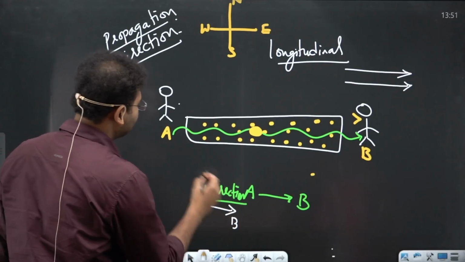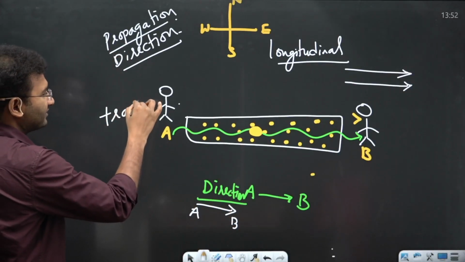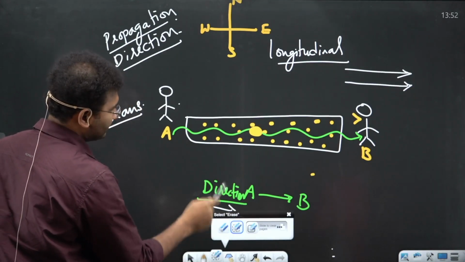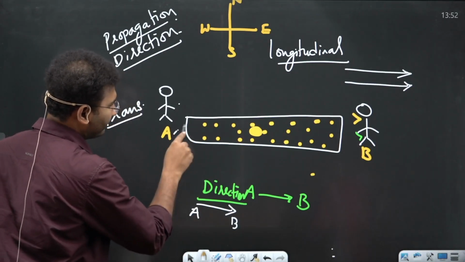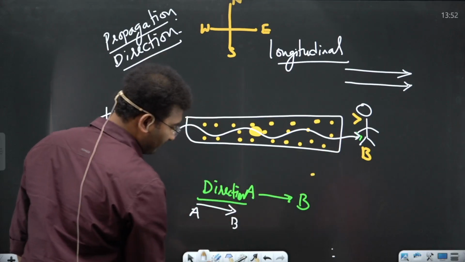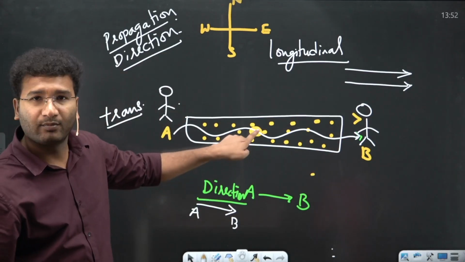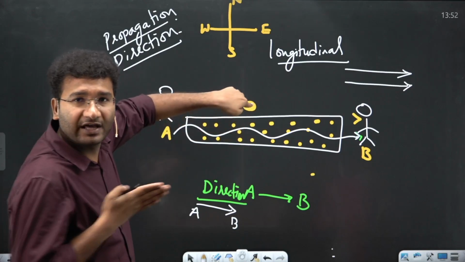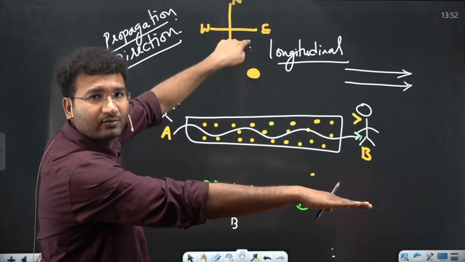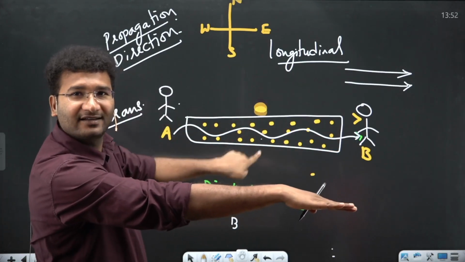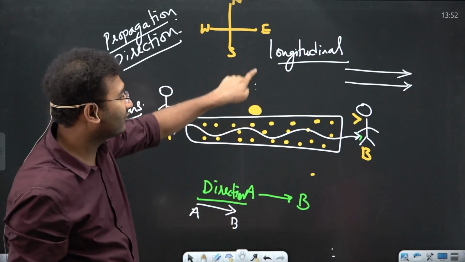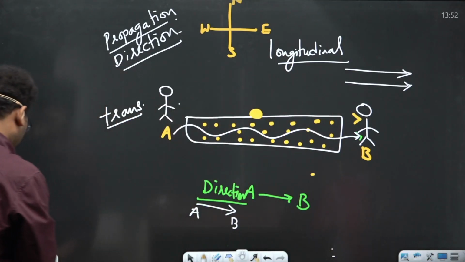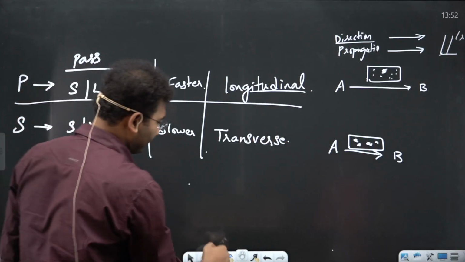Imagine this is a transverse wave. Whenever a transverse wave is sent in this direction, the particles in this body will start to move like this. The wave direction is this, and the particles are moving perpendicular to my hand, right? So this is called a transverse wave. In a transverse wave, the particle movement and the direction of the wave are perpendicular to each other.